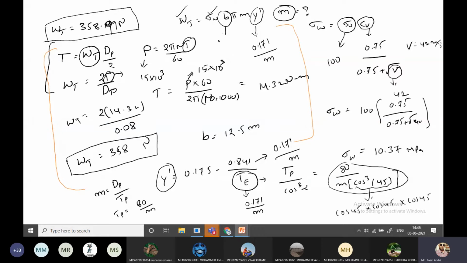Now B is 12.5 module. And the WT value, how much did we get? 358. Sigma W, how much? 10.37. Everything is written on the screen. The value is 226.27. Very good.